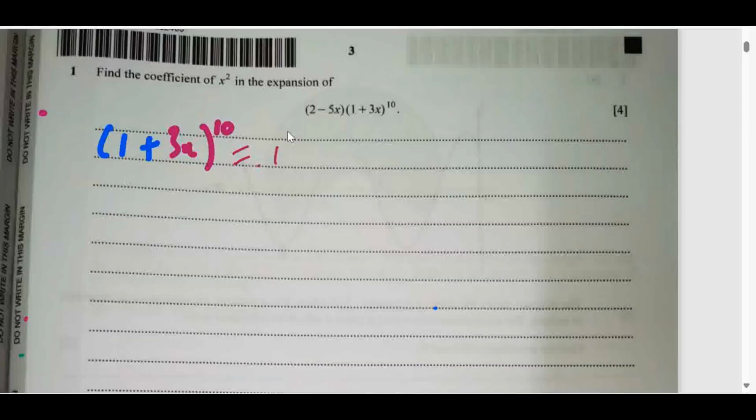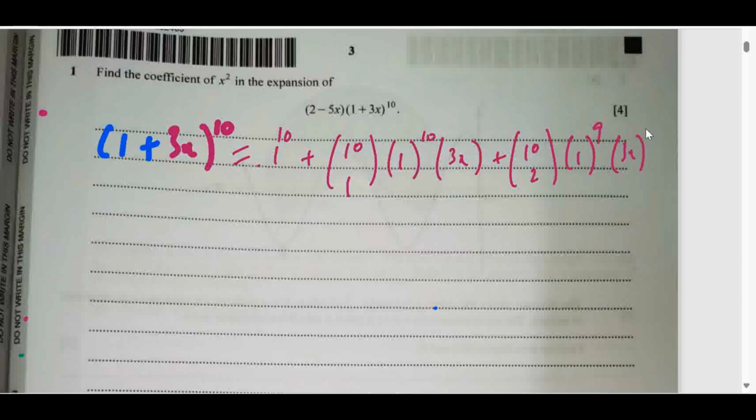So a power 10 plus 10C1, a is 1 whole power 10, b is 3x whole power 1, then plus 10C2, 1 whole power 8, then 3x whole power 2.